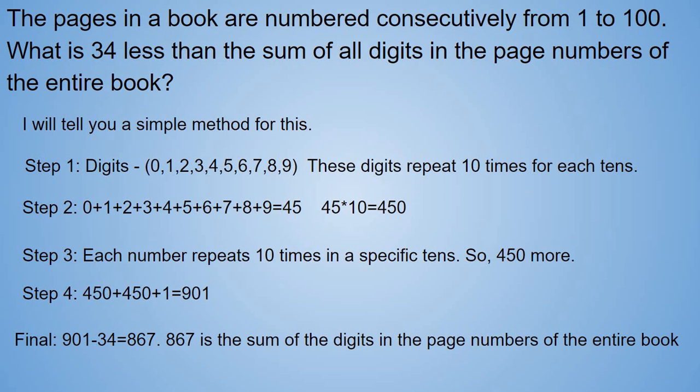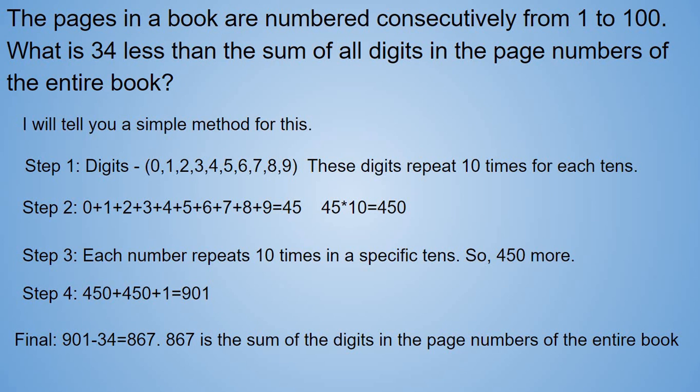And step 3, each number repeats 10 times in a specific tens, like 1 repeats in 11, 12, 13, 14, 15, 16, 17, 18, 19. Now we figured out the sum of all digits in the tens place only, excluding 100 again. So we added the ones place and the tens place, which is 900. But we excluded 100, so we found the sum of the digits in 100, which is 1.